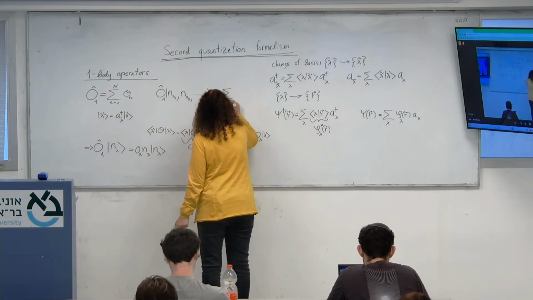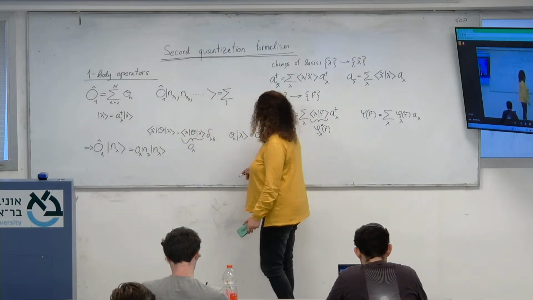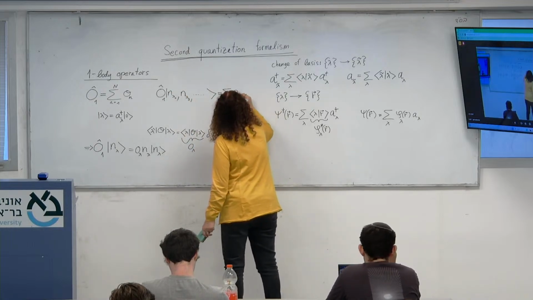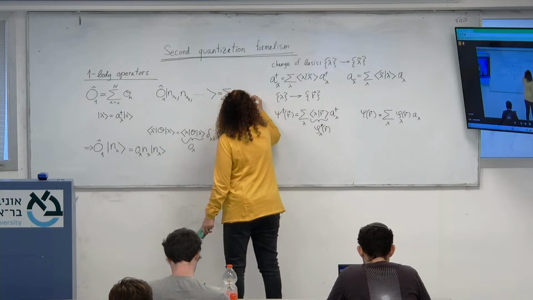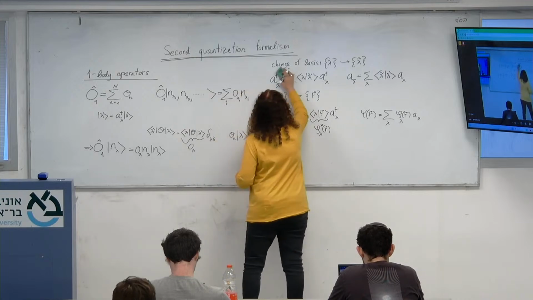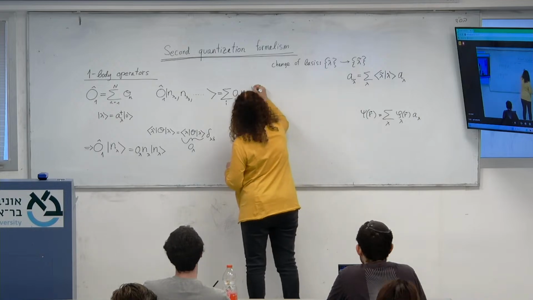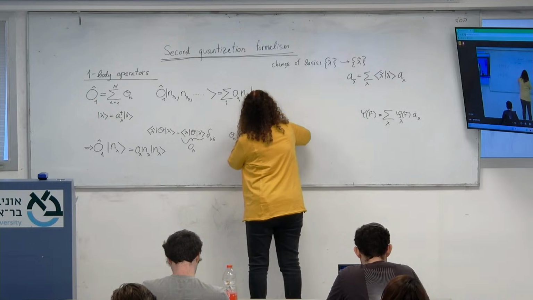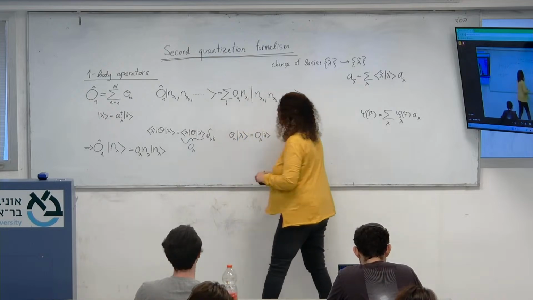just a sum over I, where I is the index of all the states that are included here, O lambda I times n lambda I times exactly the same state.